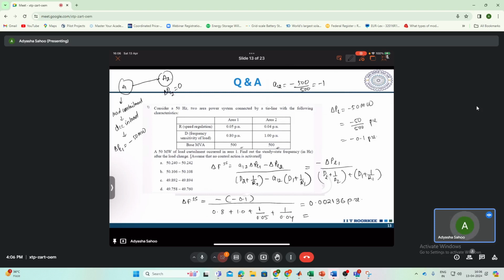So for hertz, what you need to do, you need to multiply by 50, right? So this multiplied by 50 will give you 0.10683 hertz. So what will be your F steady state? It will be F naught plus delta F. So 50 plus this will be 50.10683 hertz. So that is option B.